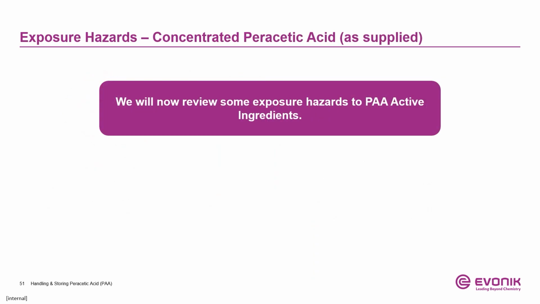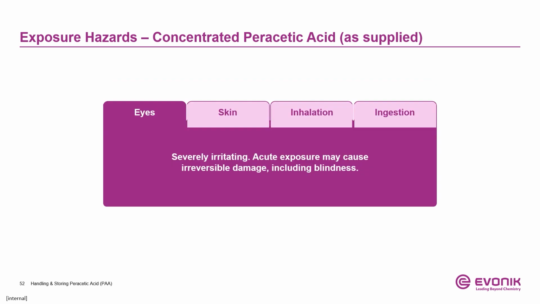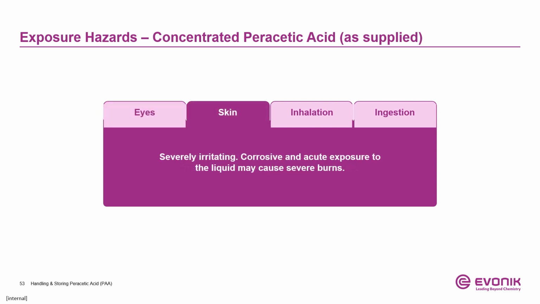We will now review some hazards due to exposure to PAA. If you get peracetic acid in your eyes, it is severely irritating. An acute exposure may cause irreversible eye damage, including loss of vision. If you get it on your skin, it is severely irritating, corrosive, and acute exposure to the liquid may cause severe burns.